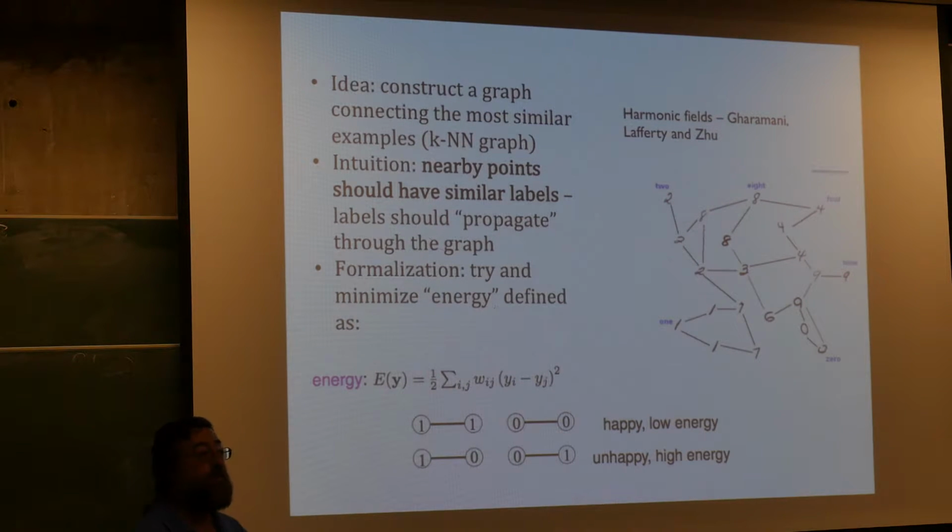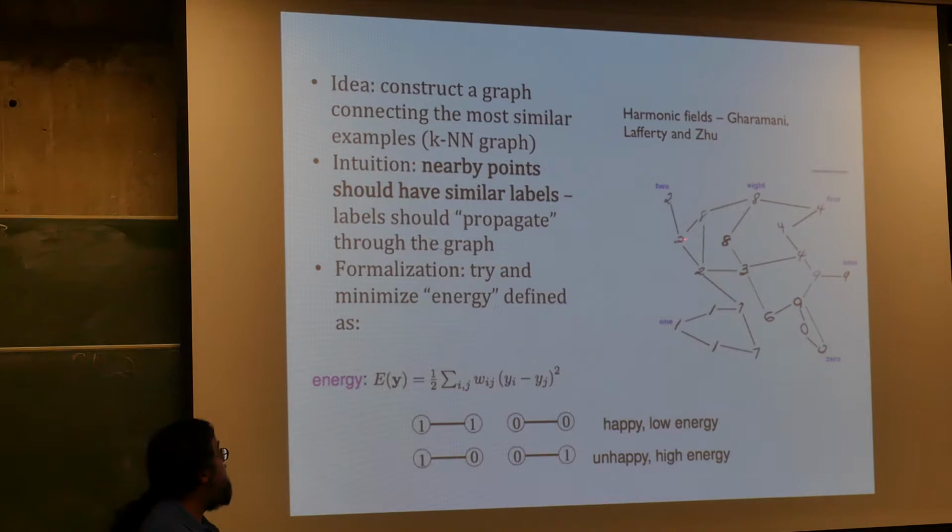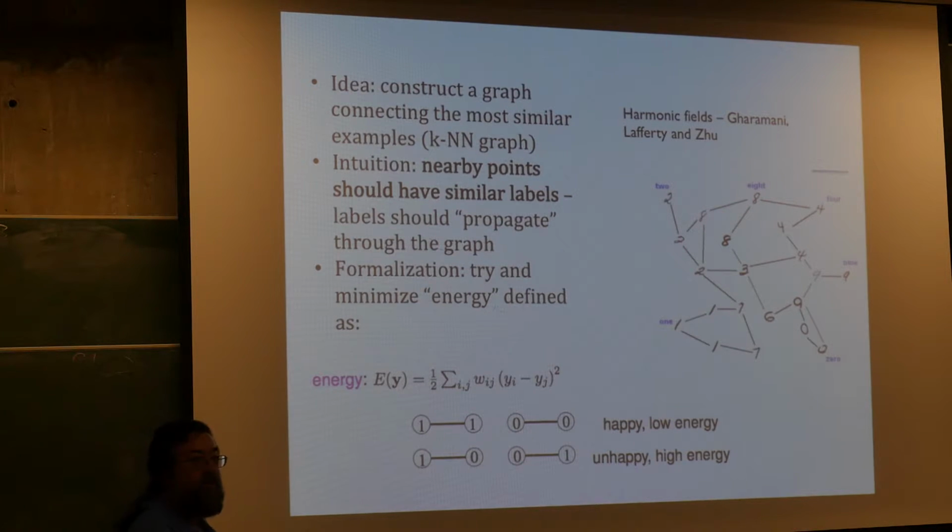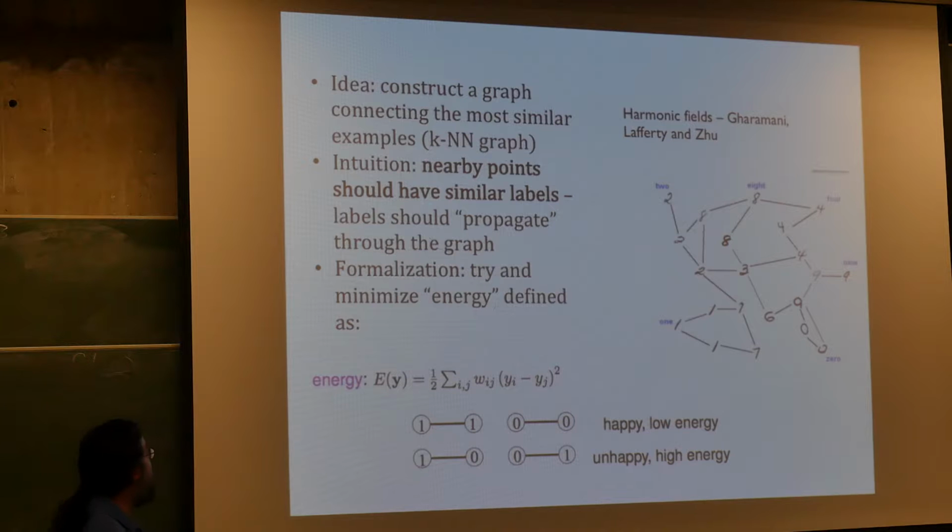That's kind of the nearest neighbor principle. And then if I know this thing is probably a 2, then this thing is also close to that 2, so it's also probably a 2. Of course, some things are close to multiple different things, so I've got to figure out how to break those ties. So we need some sort of algorithm that tells us how to take these labels and propagate that information through the graph.